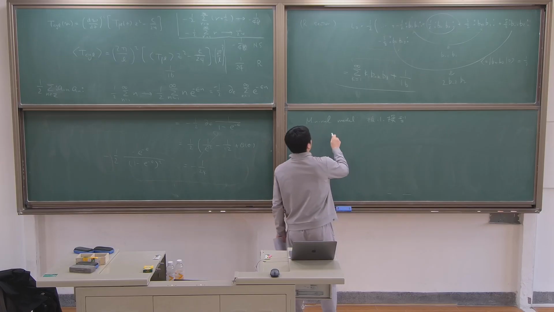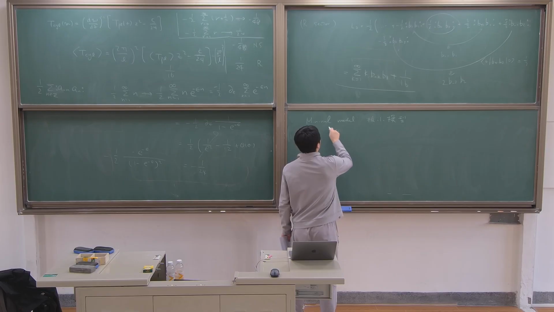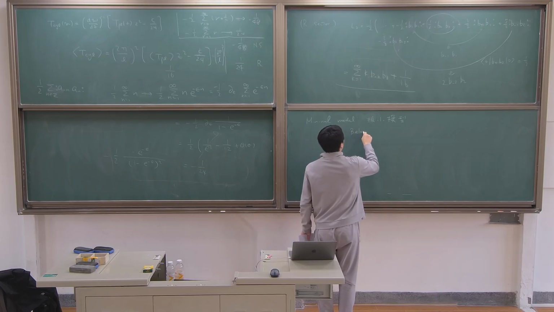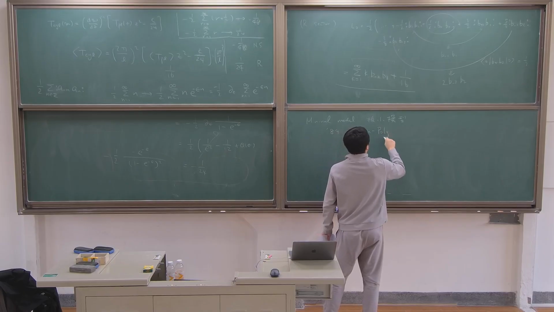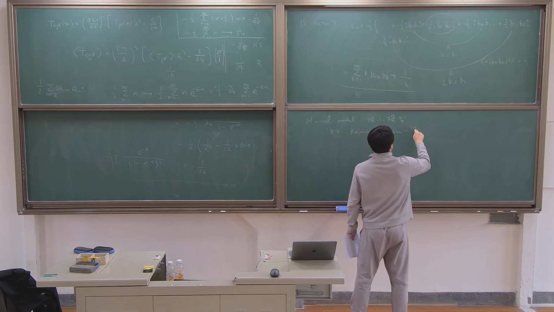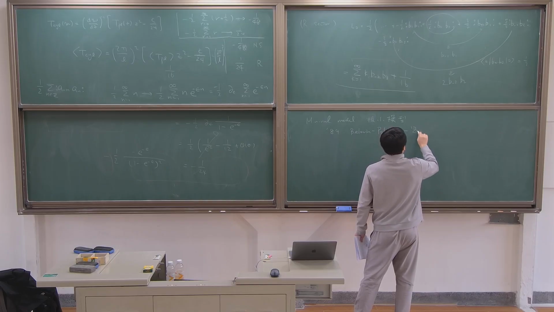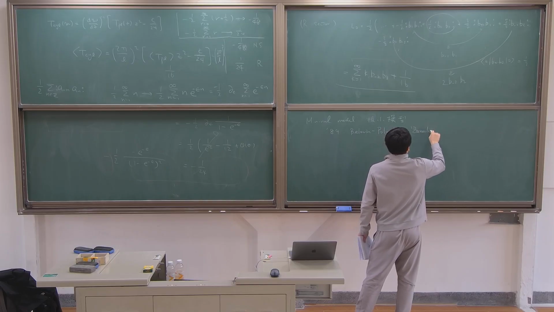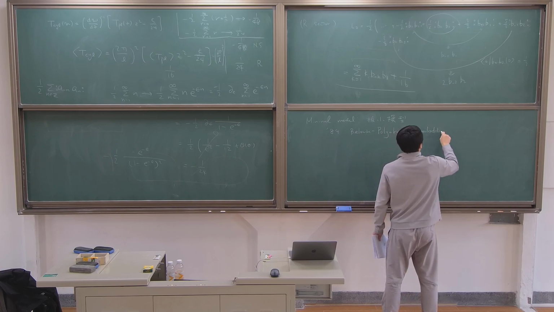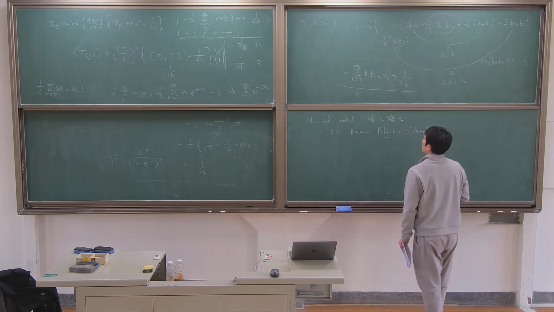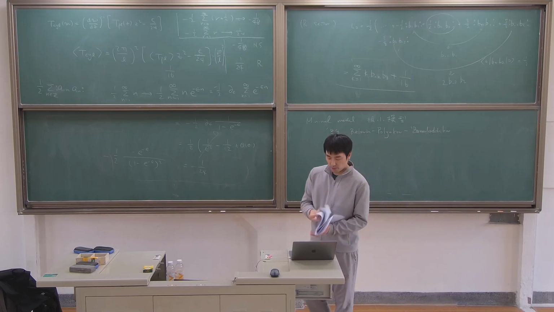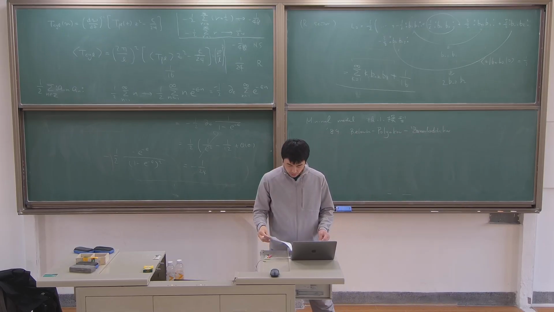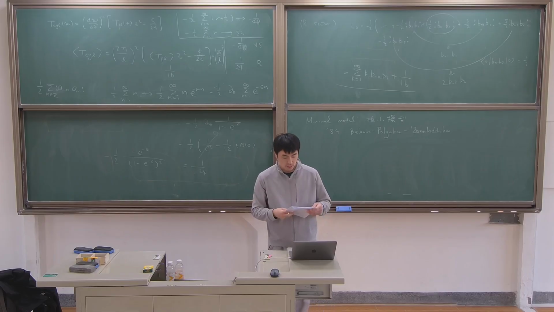So this one is the 1984 development by BPZ. This is called the Belavin-Polyakov-Zamolodchikov paper on infinite conformal symmetry. It's a beautiful paper. After you learn 2D CFT, I highly recommend you read this paper.